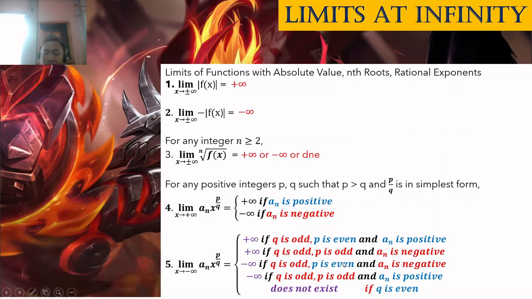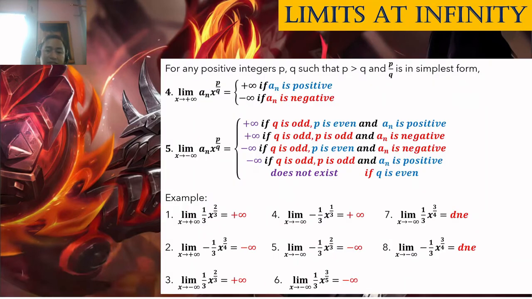Next, if p is even, it is positive, and a n is negative, so the sign is always negative, so negative infinity. Next, if p is odd, this value is always negative, and a n is positive, so the result is always negative, so the answer is negative infinity.